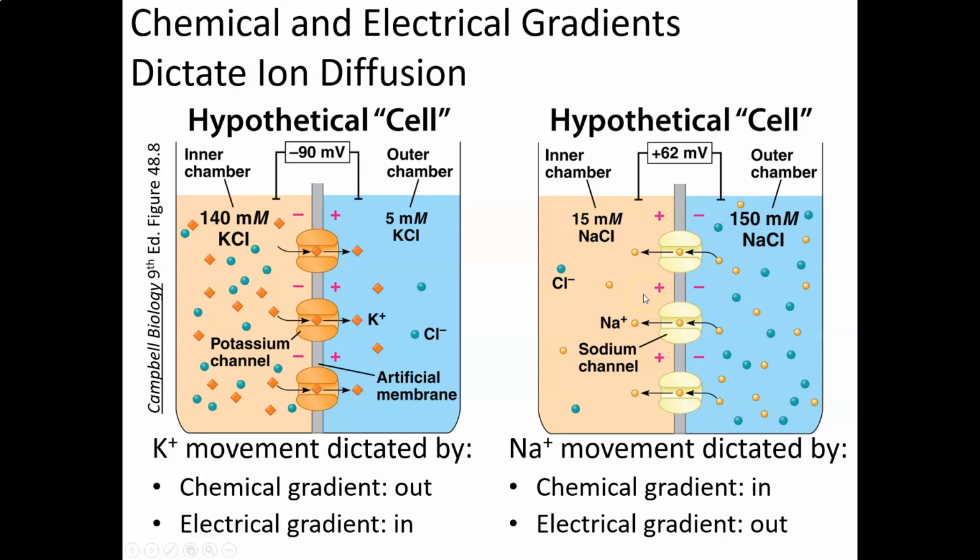At some point, it's called the equilibrium potential again, when the chemical gradient, the concentration difference for sodium moving in, is equal and opposite to the electrical gradient, trying to push sodium out because it's positive inside the cell. There's no net movement of sodium into the cell anymore, and that's called the equilibrium potential. That occurs at a positive 62 millivolts.